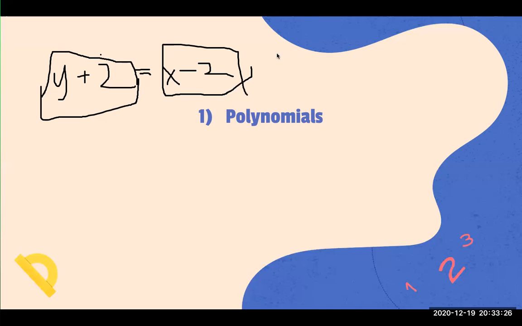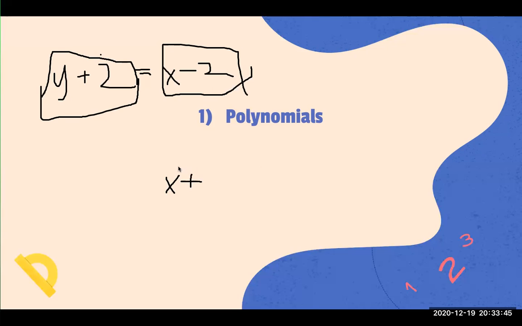So that's what a polynomial is. Sorry, that's not what a polynomial is. A polynomial is an expression with multiple terms. Terms are the singular things that get added or subtracted to other terms.